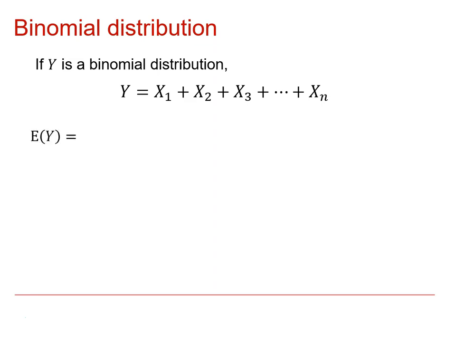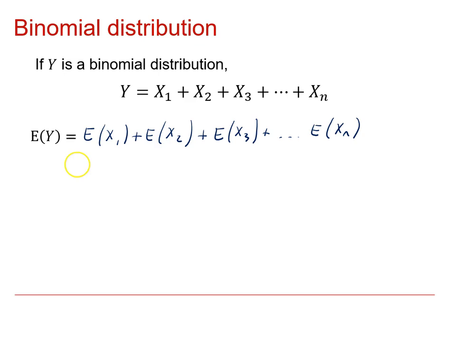So the expected value of y from video 1.5 is going to be the expected value of x1 plus the expected value of x2 plus the expected value of x3 all the way up to the expected value of xn. Now, since they are each Bernoulli distributions, they are all distributed exactly the same.